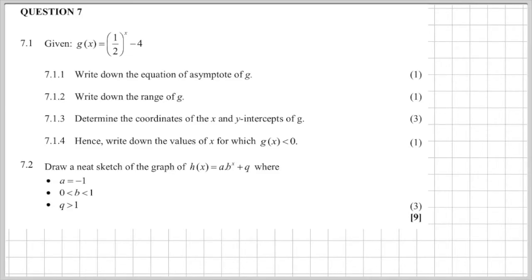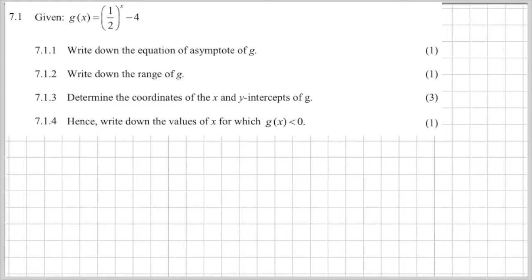Let's again take question 7.1 and just analyze the question. First of all, my asymptote is again y equal to -4. And now I need to look at the shape of the graph.